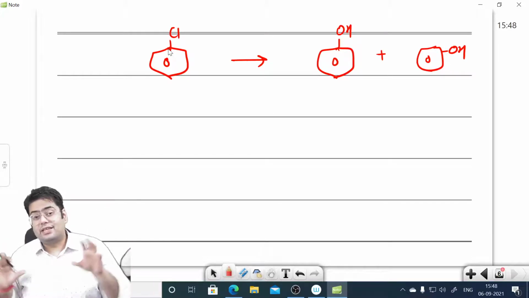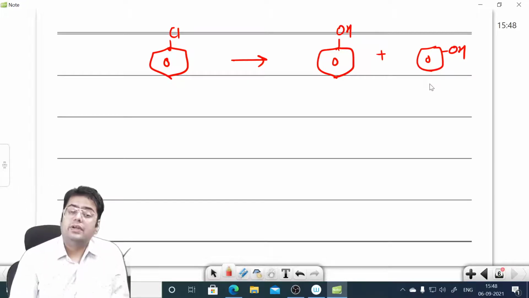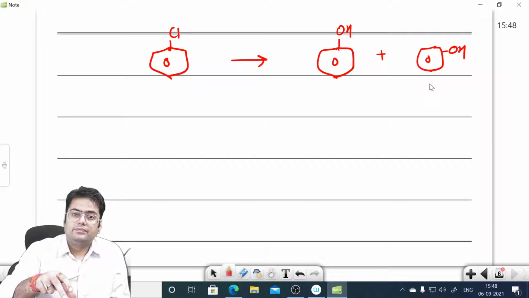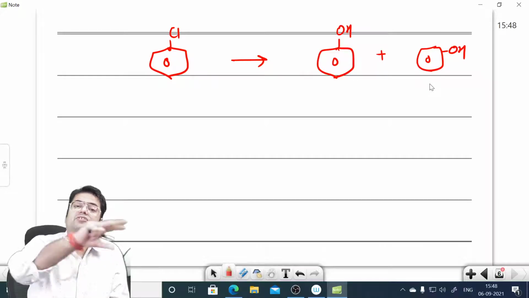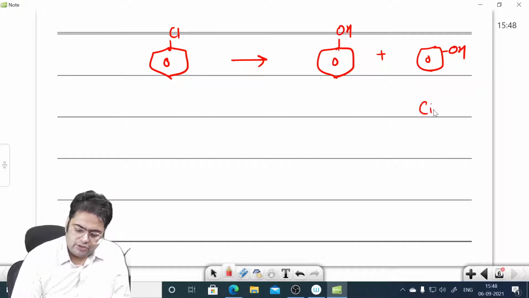Both of these can get this OH. And this addition, where the incoming nucleophile will join the carbon which is not the initial one, not the previous one, this sort of addition is known as sine addition.